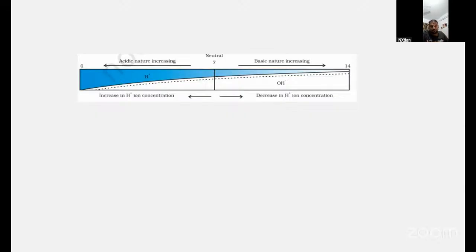The pH should be 6 to 7 or 7 to 8, meaning slightly acidic or slightly basic, then it is good. Manure, cow dung: when you put cow dung, it makes the soil pH acidic, meaning 6 to 7.